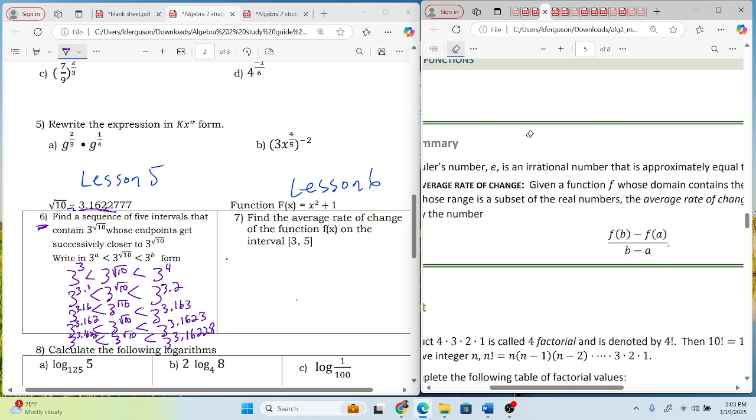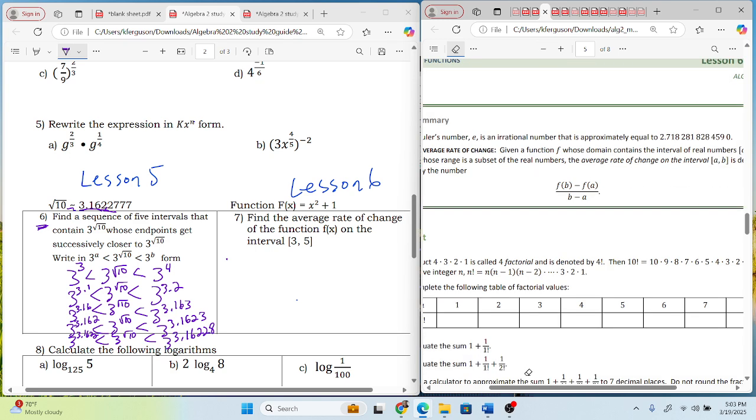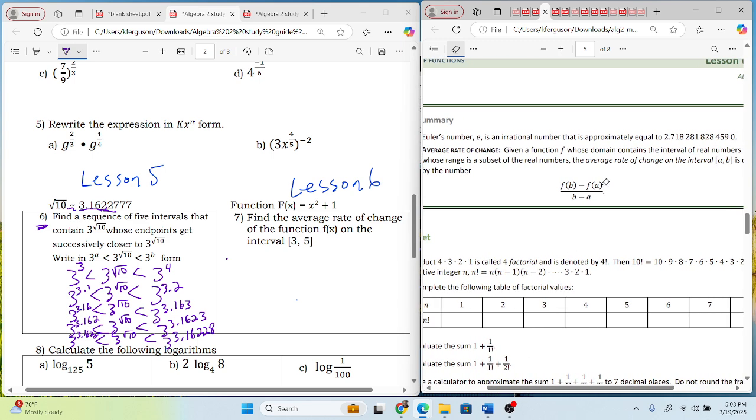Okay, lesson 6 talked about the rate of change, the average rate of change. So we are going to do the average rate of change. Given a function f whose domain contains the interval of real numbers a to b, I can use this formula right here.